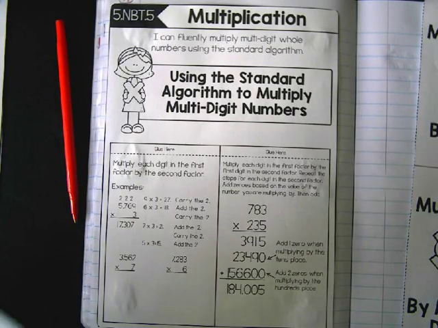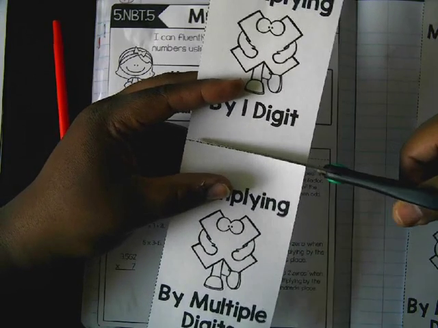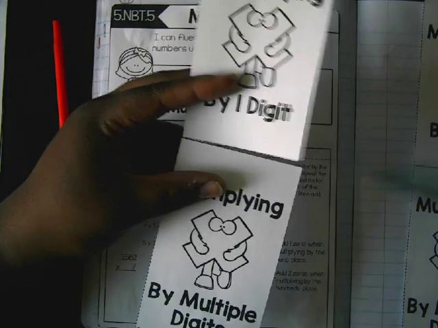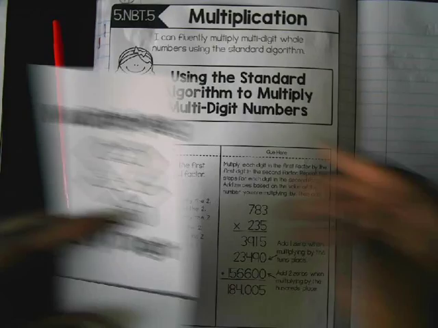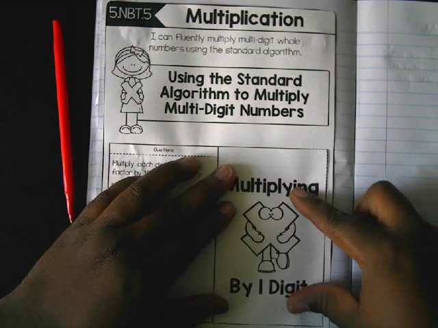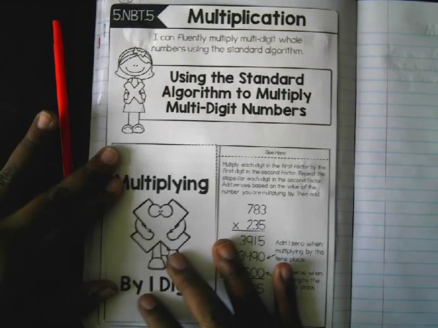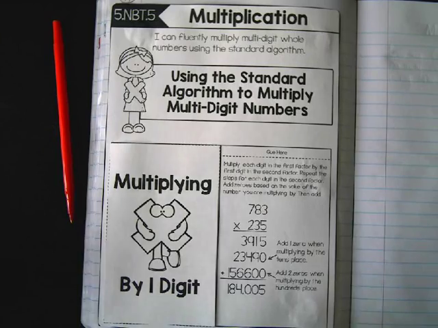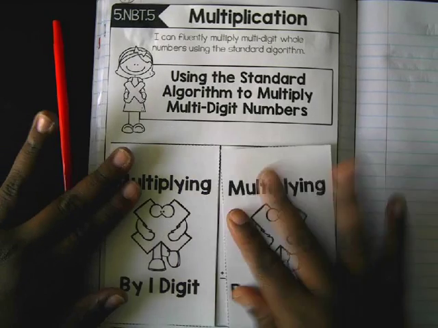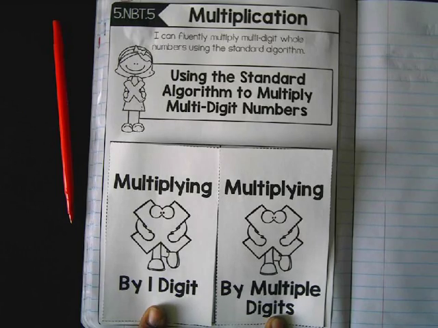So I am cutting on the dotted line, like so. And in order to make sure I have it lined up, we're going to put multiplying by 1 digit right here to the left, and multiplying by multiple digits right here on the right-hand side. Make sure you have them lined up correctly before you glue anything down.